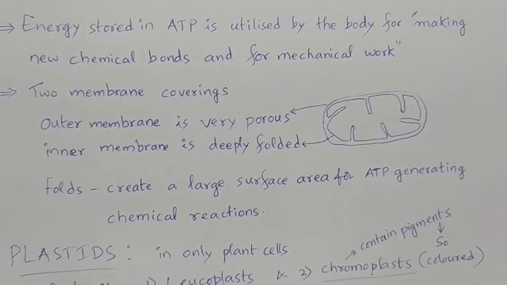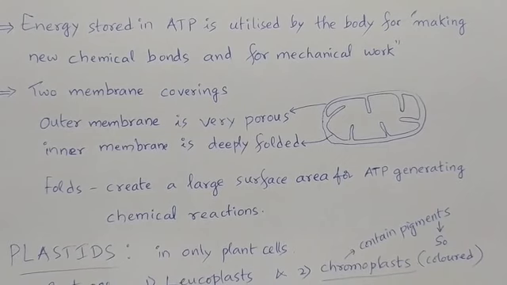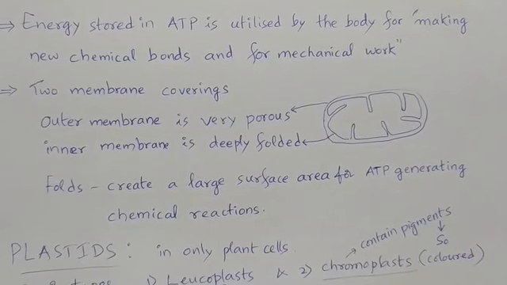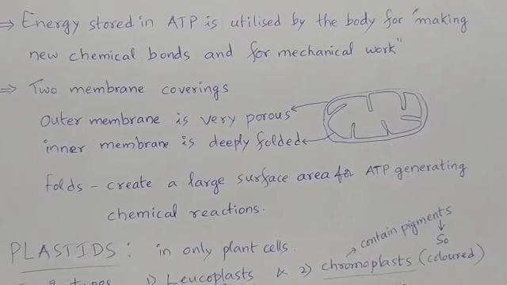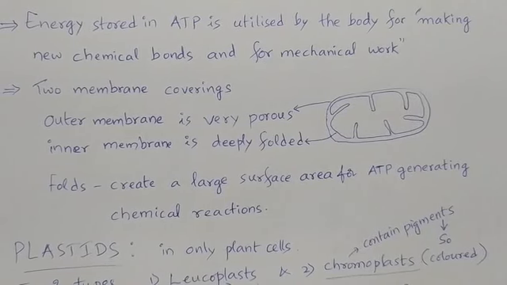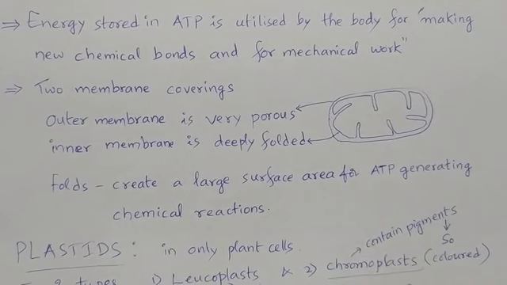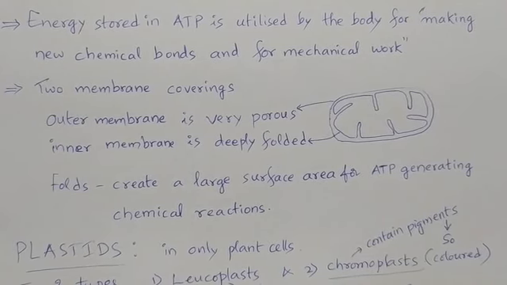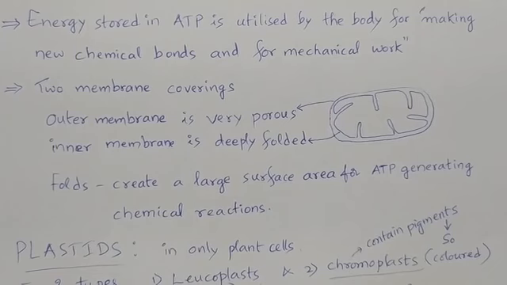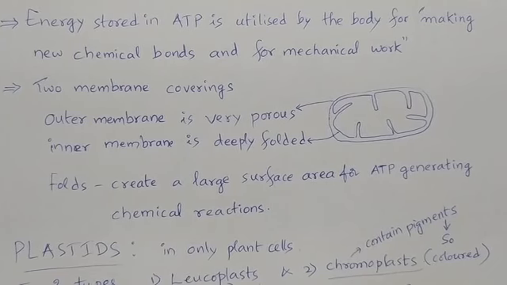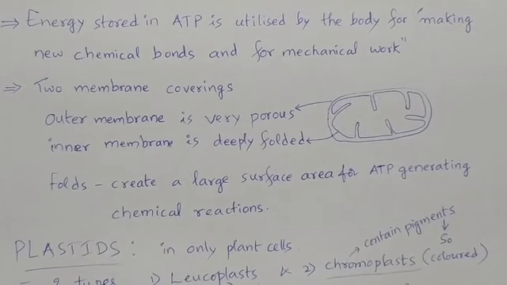If the surface is less, fewer ATP generating chemical reactions can take place. If more surface area is there, then more chemical reactions can take place, right? And more ATP can be produced. So, folds create a large surface area for ATP generating chemical reactions.